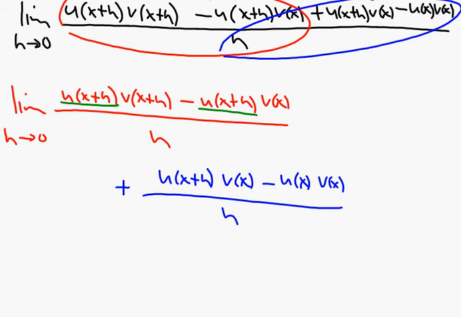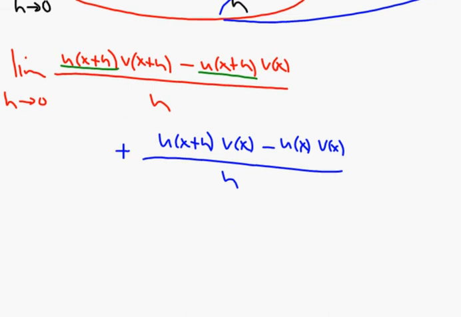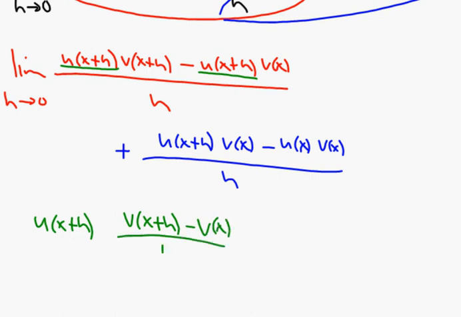See that? So watch what happens. I'm going to take that out. You're going to have u of x plus h as a common factor. And what's left behind is v of x plus h minus v of x over h. Now don't forget, this whole thing, we're taking the limit as h goes to 0.